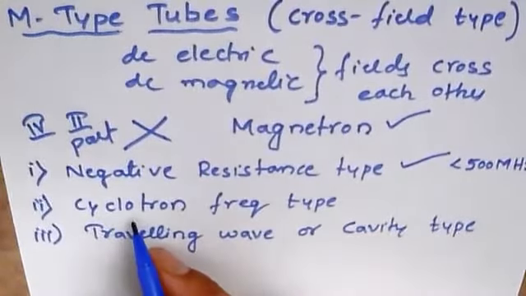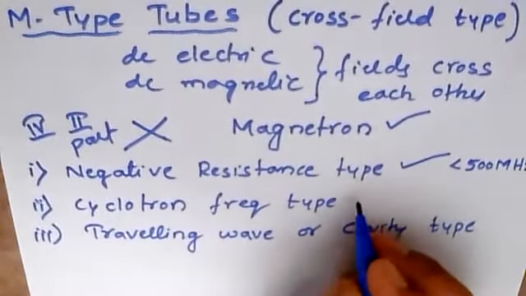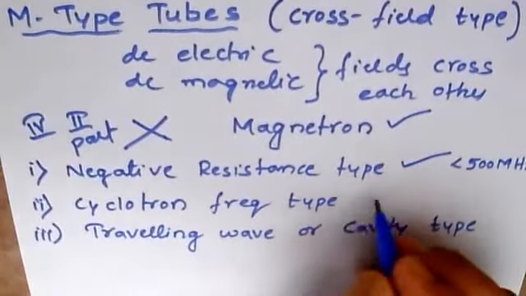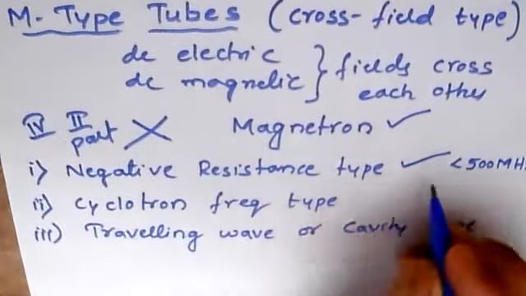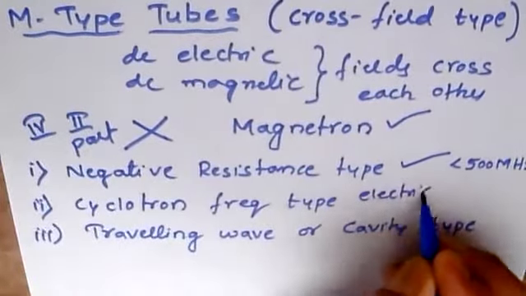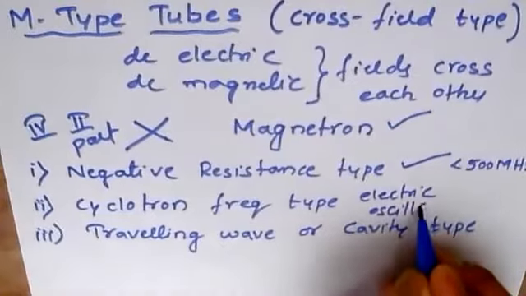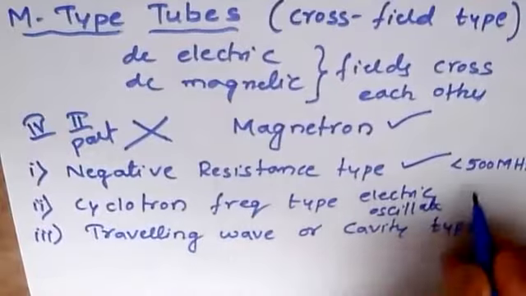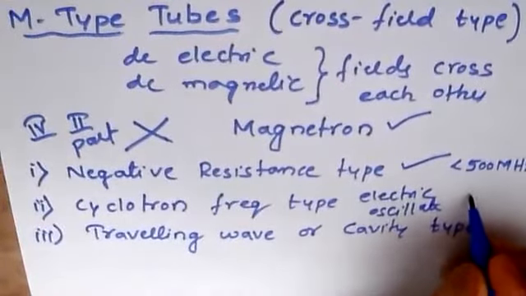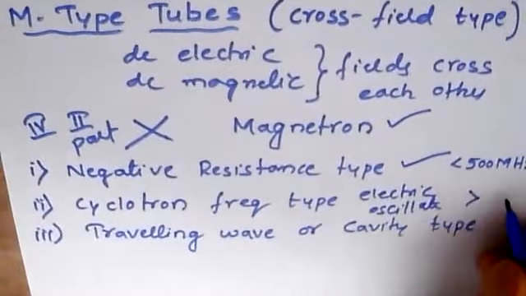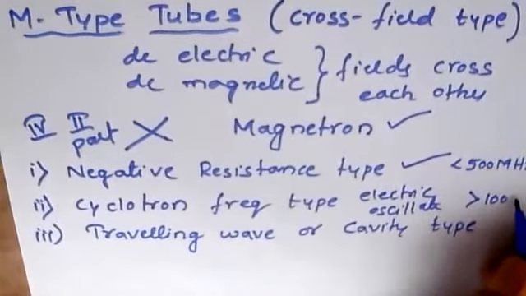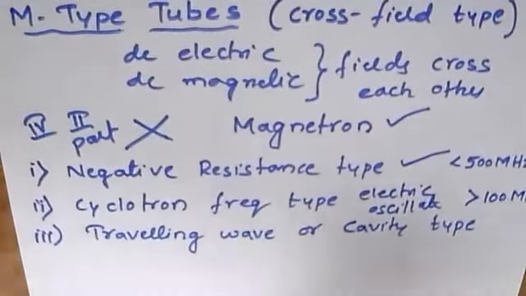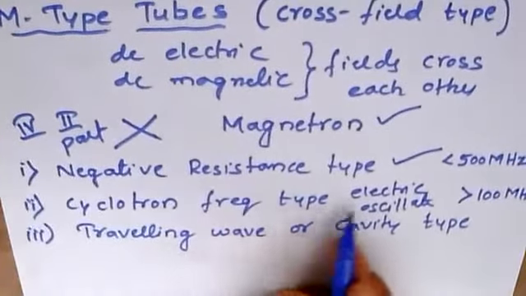Coming to the cyclotron, it provides synchronism between the electric field and the oscillations which are being generated within the tube, and it is operated for frequencies above 100 megahertz. So we prefer the cyclotron frequency type there.